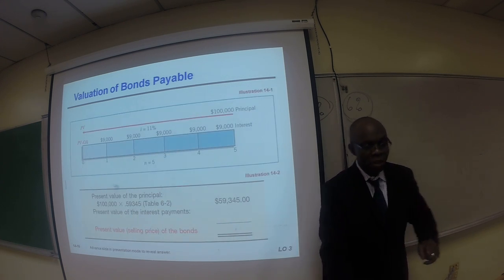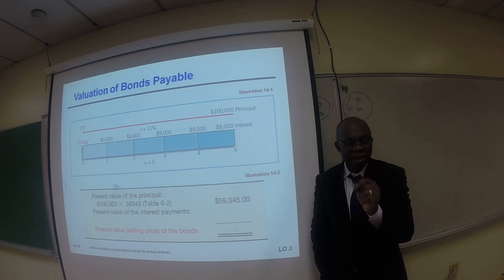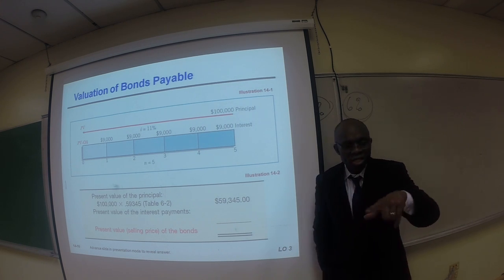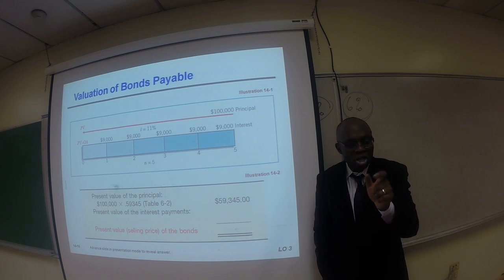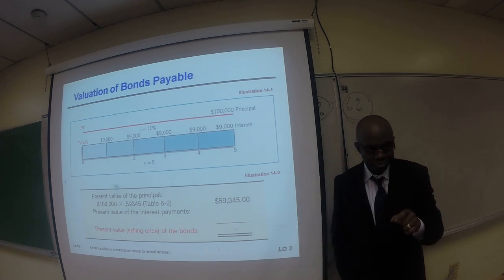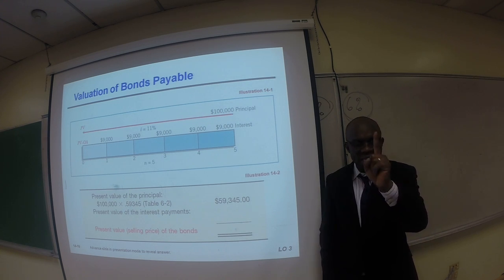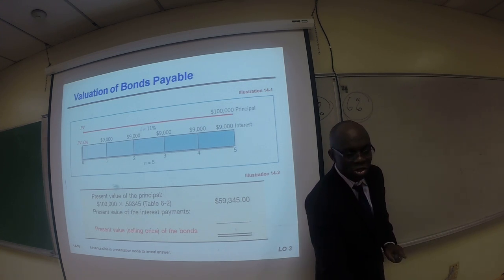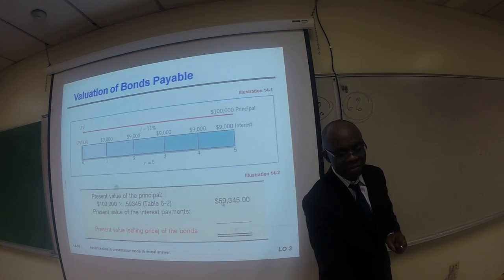Okay, so we look for the present value interest factor using table 6-2 in your book, and we look up the present value interest factor for in this case 5 years, but this is a single sum. So the present value interest factor is 0.59345. So we multiply that by 100,000, that will give us 59,345.